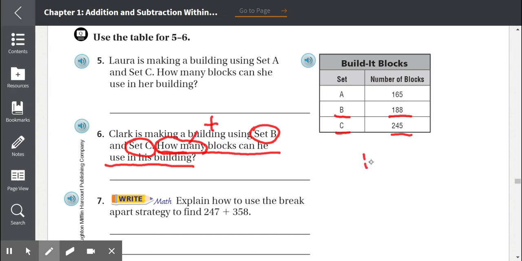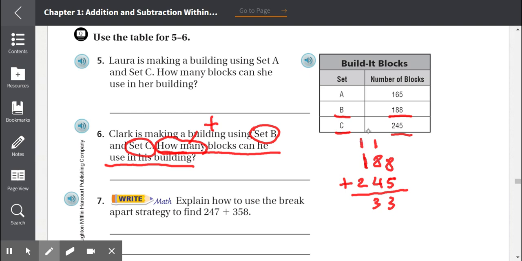So 188 plus 245. Now when we add these together, 8 plus 5 is 13. We carry our 1. 1 plus 8 is 9. 9 plus 4 is 13.